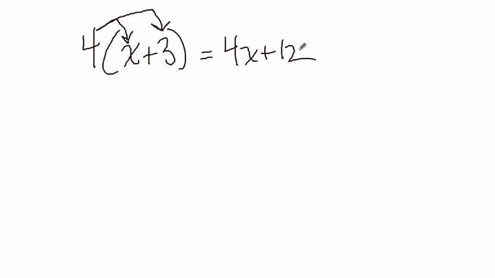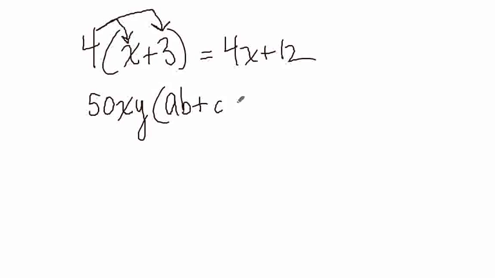All right, so that is distribution. And you can have more complicated distributions, like maybe you have 50x times y on the outside, and maybe on the inside you have the product AB plus CD. Okay, still same idea. You still take the blob on the outside and multiply it by each of the blobs being added or subtracted on the inside of the parenthesis.